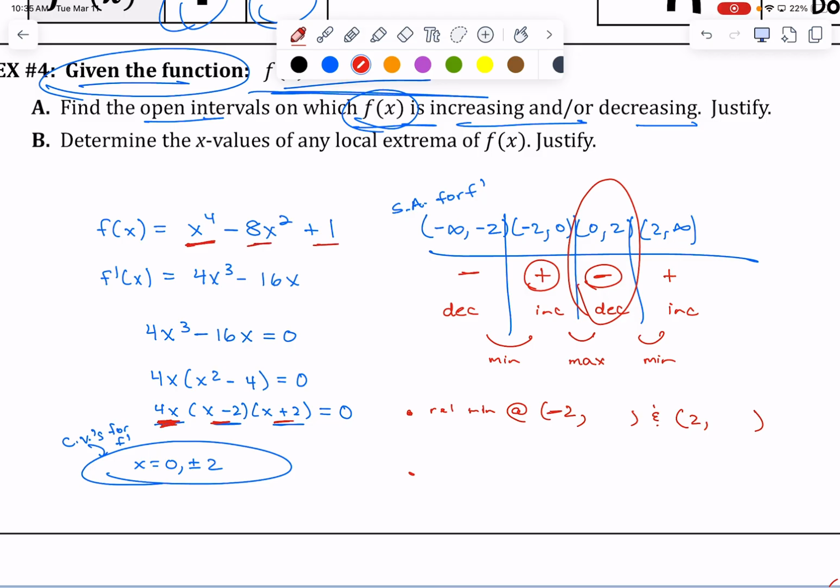The good news is, we'll let you cheat to save time right now. Okay? The good news is, and I'll even let you do it on my big assignment, if you got the calculator and you want to plug it in, that's fine. But the good news is, it doesn't matter. -2 and 2 are going to give you the same thing, because it's to the 4th power and 2nd power. So it's going to end up being positive. So give me one of them and we'll get both of them.